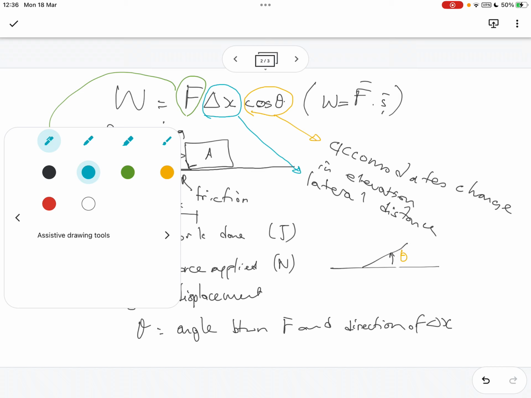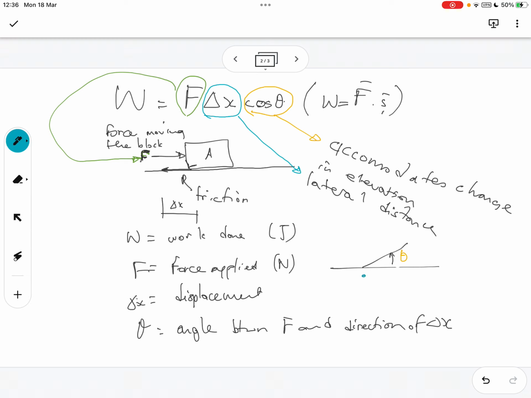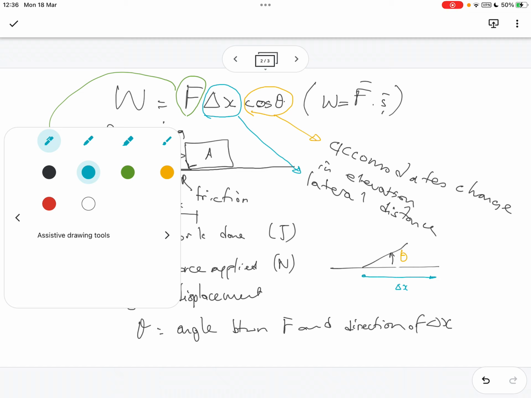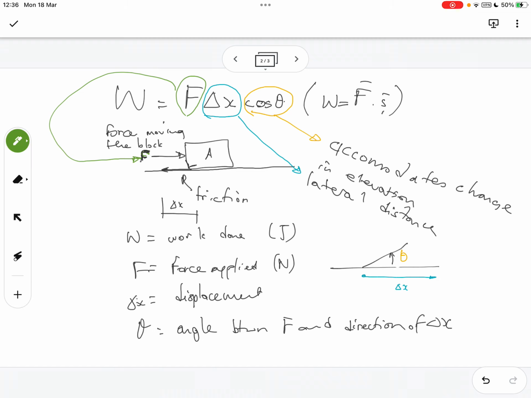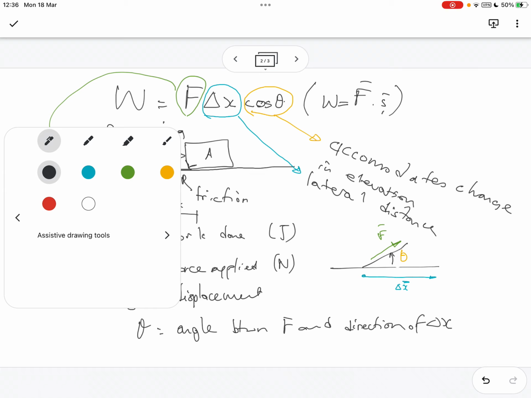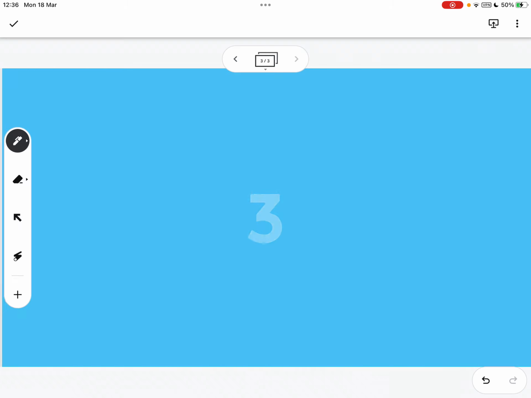Delta x would be in that direction, and the force would be in that direction.